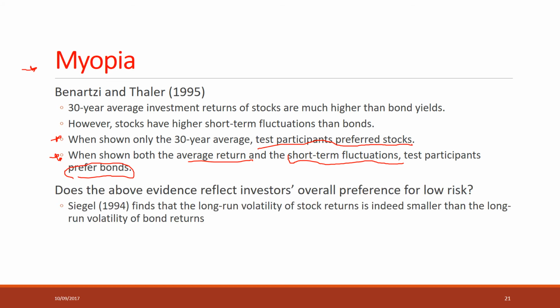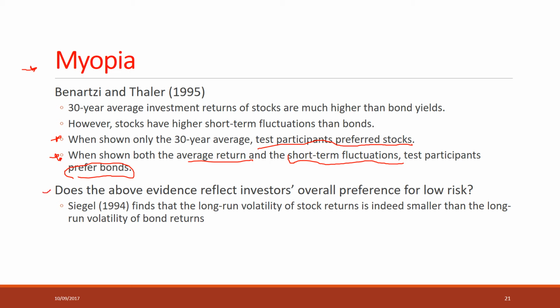So the question here is, maybe the evidence shows that investors are risk averse and therefore they worry about the riskiness of share investment, right? Even though we mentioned before that short-term fluctuations might not reflect the long-term fluctuations of the two investments anyway.